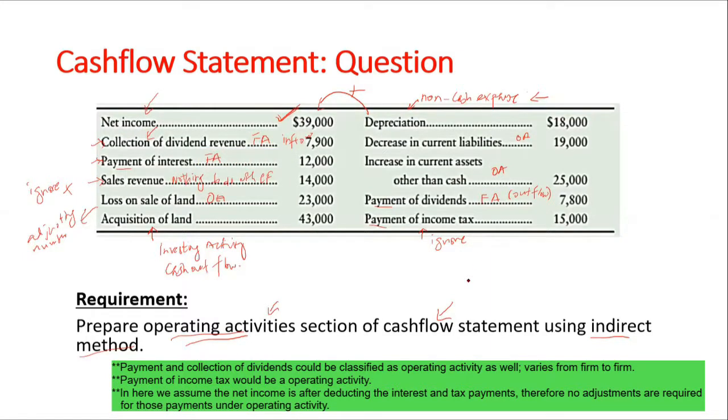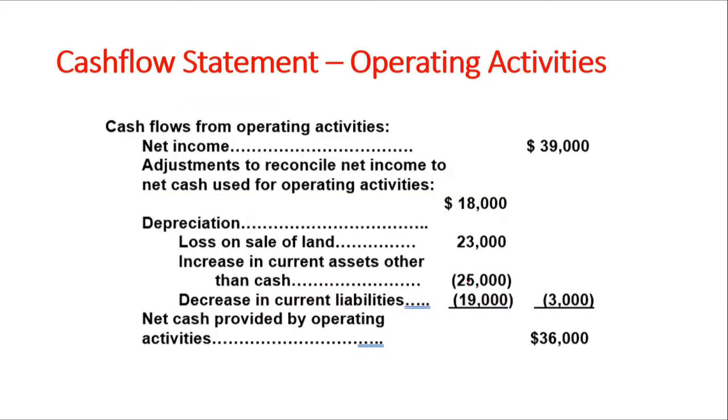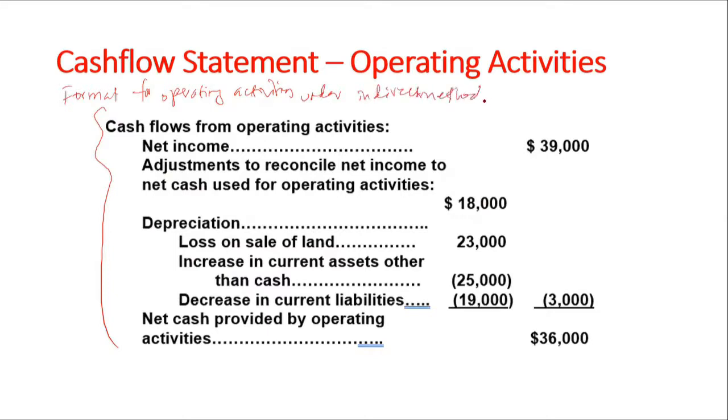So let's look at the solution, and this is the format for the operating activities section under the indirect method. First of all, you will start with net income, that is 39,000.